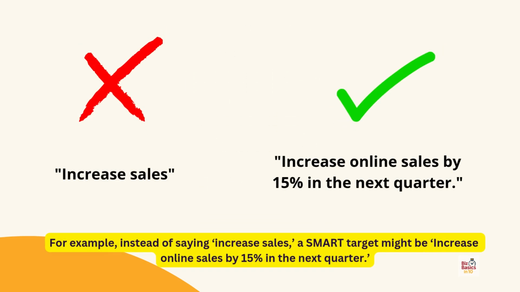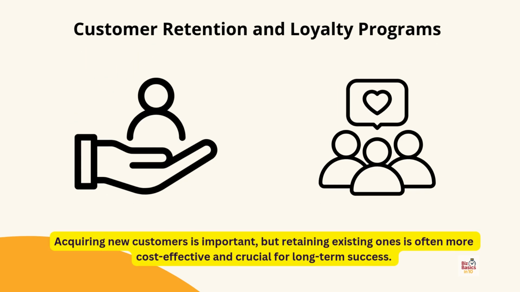For example, instead of saying increase sales, a SMART target might be increase online sales by 15% in the next quarter.